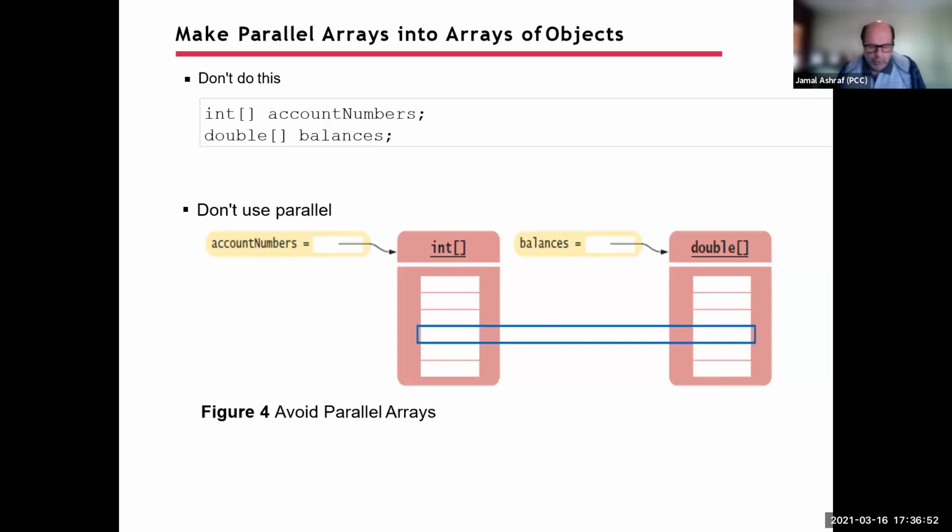Okay, so we know that when we're creating an array, your array can have only one data type. Then you're going to have some issues. If I'm working with a student record, I have a student name and a student last name, which is a string, and then I have a student grade, which is a number, and I cannot mix them up. So traditionally, what we were doing is we were having parallel arrays.